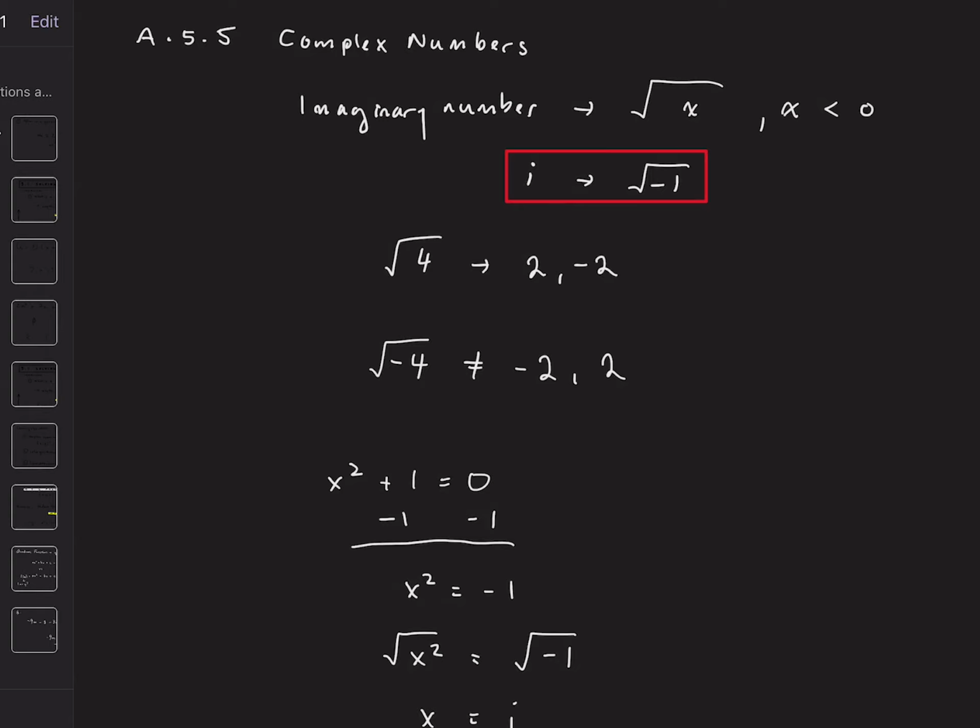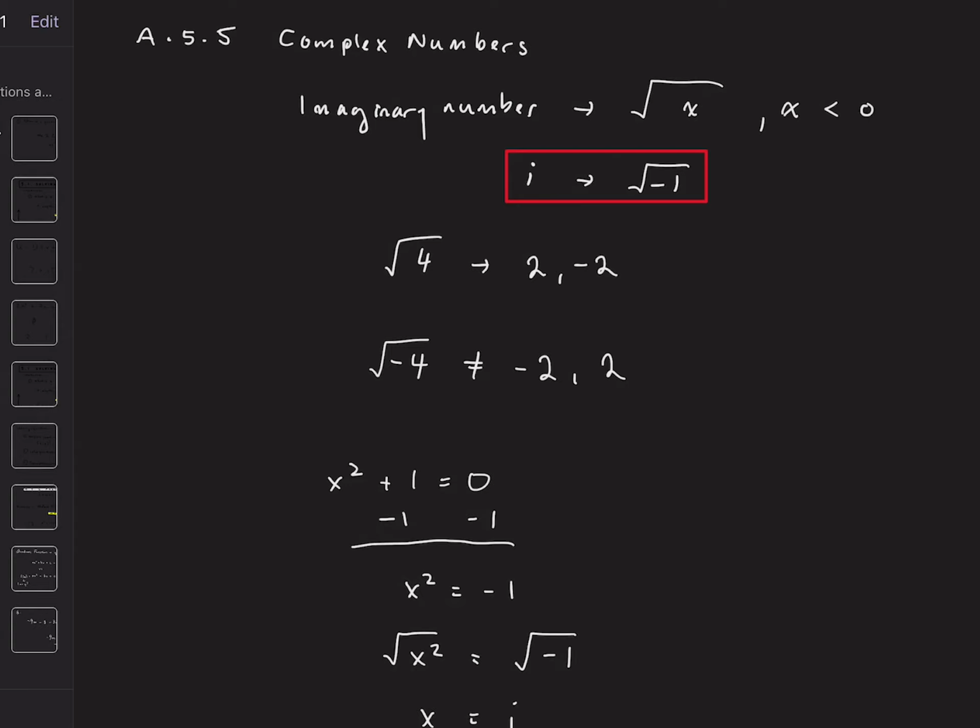Now, you can see why it is imaginary, as we cannot have the square root of -1. Numbers underneath the square root, as you probably know, should always be positive. That is because the resulting value after the square root, if you square that number, it has to be a positive number. Because no two identical numbers, when multiplied together, will give us a negative result, at least in the real number world.